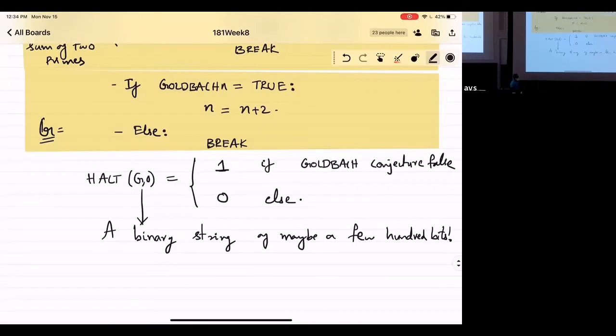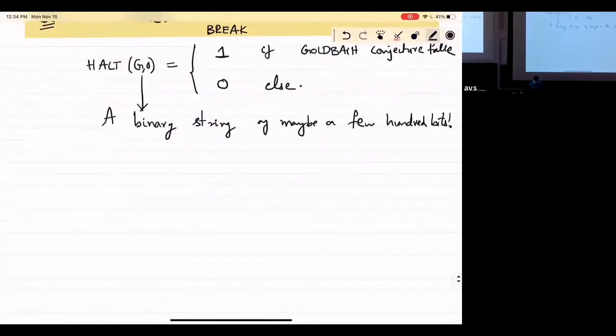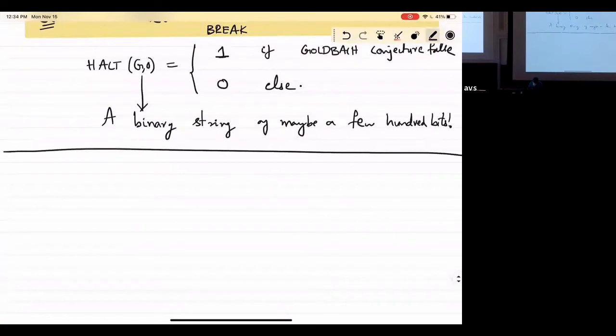Okay. So what we did here is essentially a reduction. We showed how to reduce solving Goldbach to solving halt. Okay. So let's formalize this process.